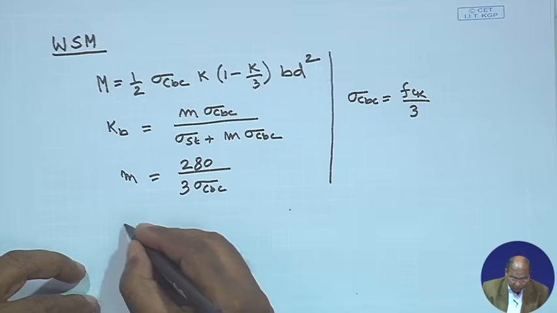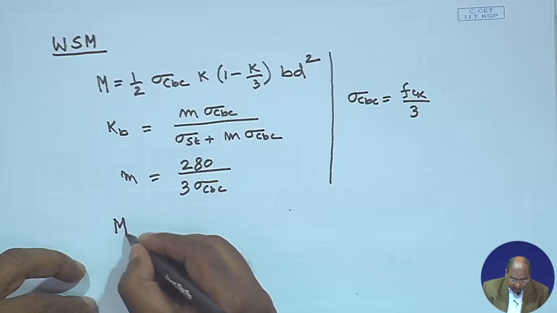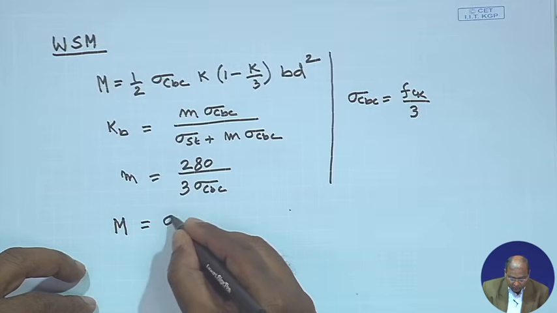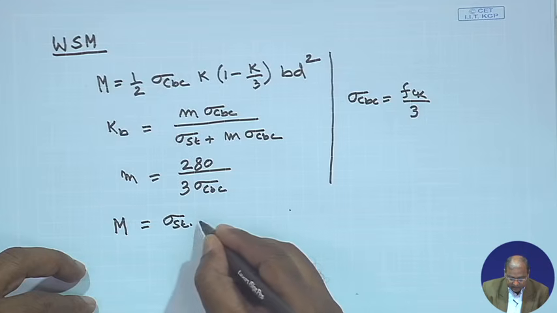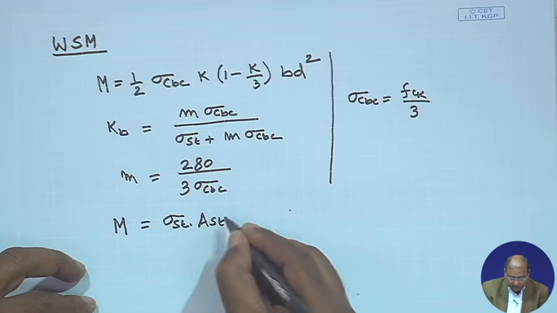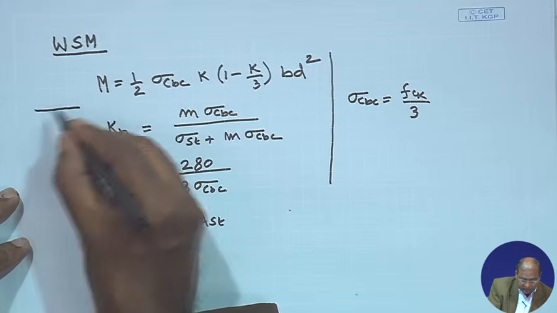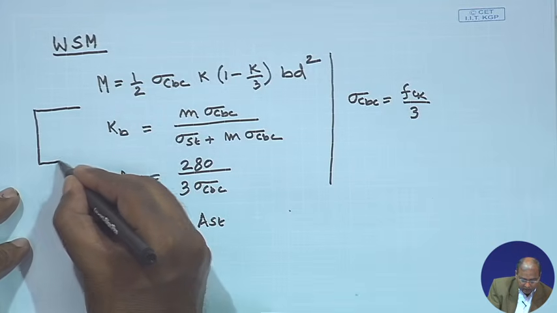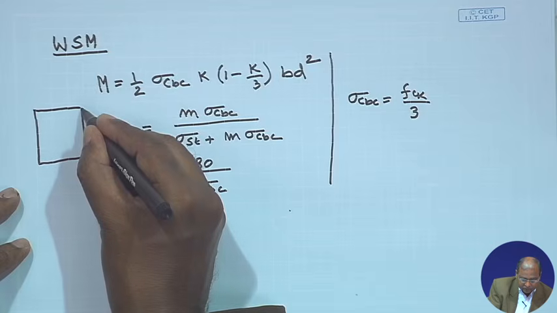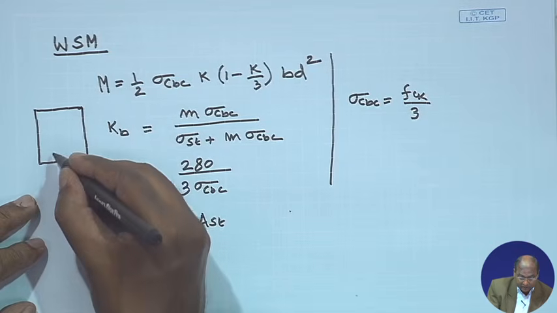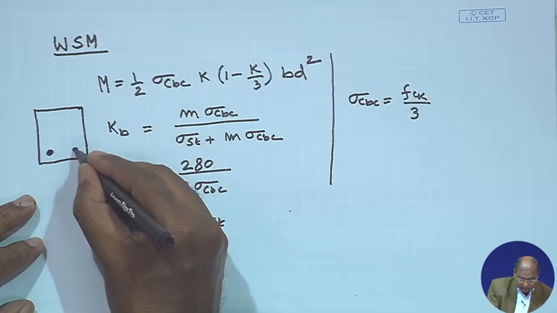Further, I can write down m equal to sigma ST AST, and since we are writing that, let me draw the cross section of the beam also, so that it will be clear in all respects.